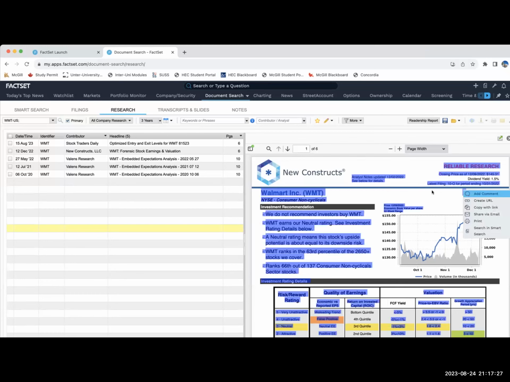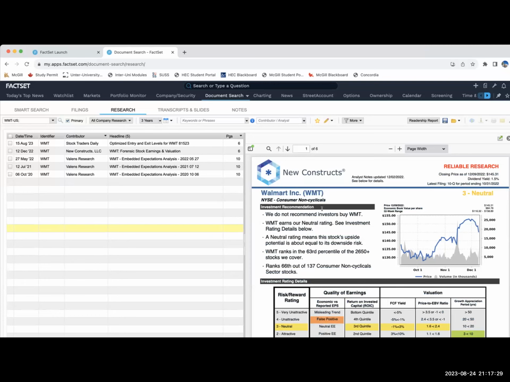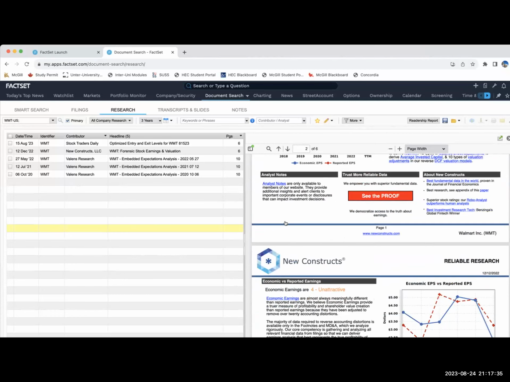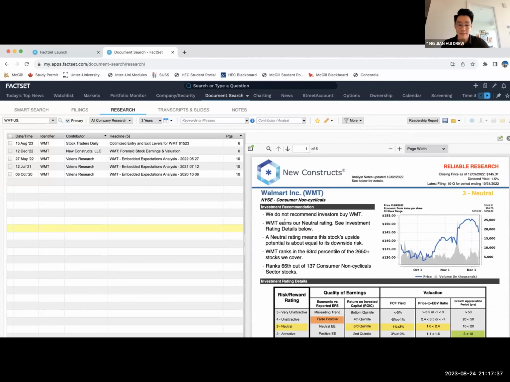This is Luqun. I have a question on this FactSet. Where does this data derive from? Who provides such data? So this valuation report is not by FactSet, it's by contributors from various other companies.